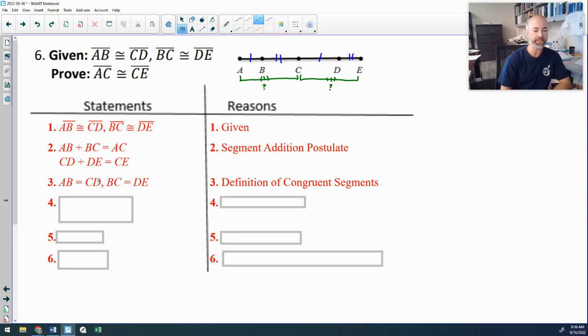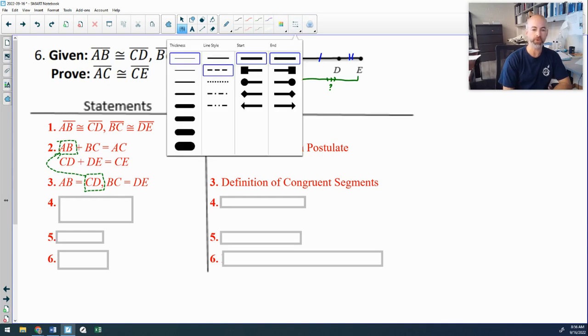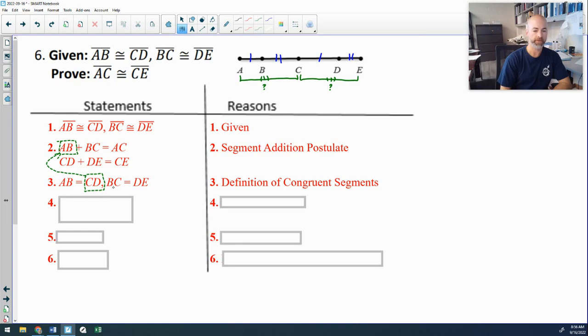If AB and CD are the same, then I can take CD and replace the AB up here with the CD. If I know BC is equal to DE, well, then I can take BC and substitute it in the place of DE.